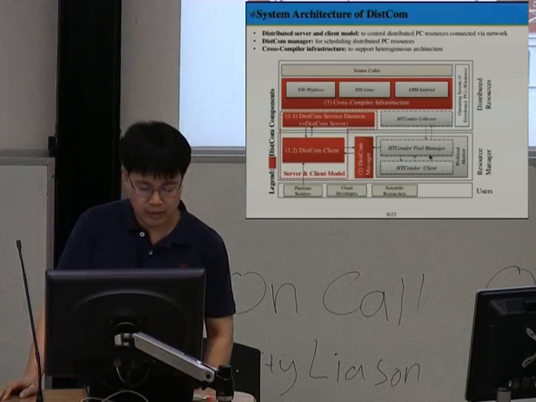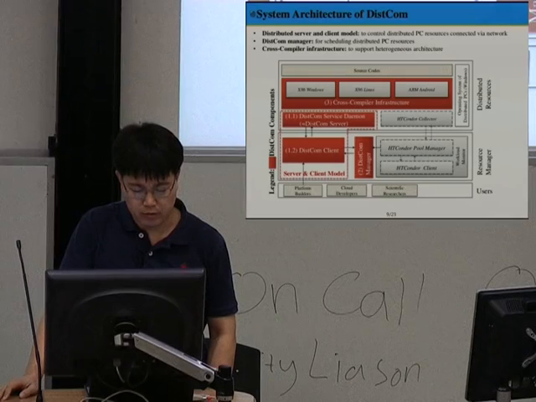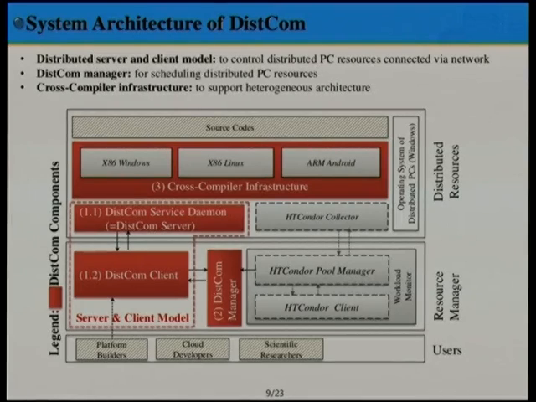So we designed and implemented our distributed compilation system based on Distcc and HTCondor. Our proposed system consists of three major components. As you can see, the first is the distributed server and client model to control the remote personal computer resource connected via networks. And second, the remote resource manager, called dist-com manage, for scheduling the distributed PC resource.